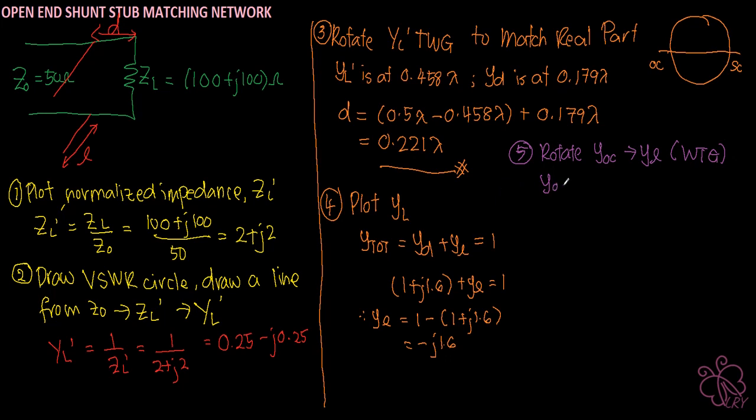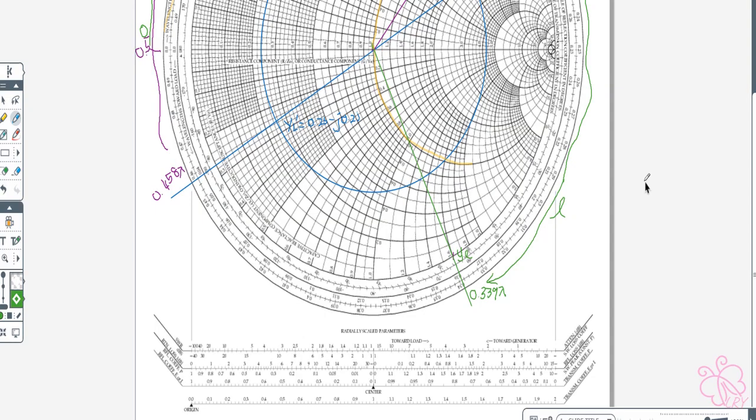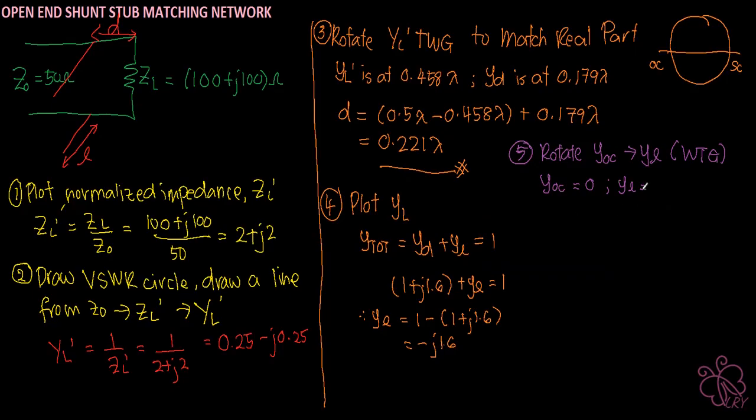So Y open circuit equals 0 and YL equals 0.339 lambda. So our L equals 0.339 lambda minus 0. So we get 0.339 lambda.